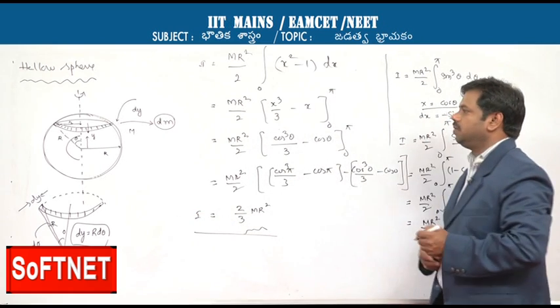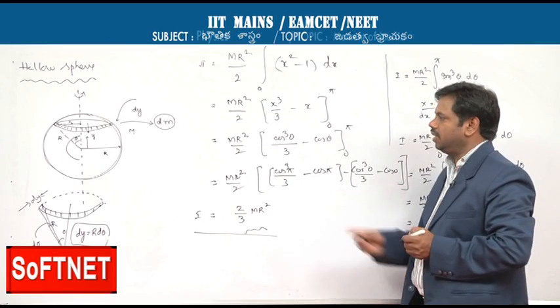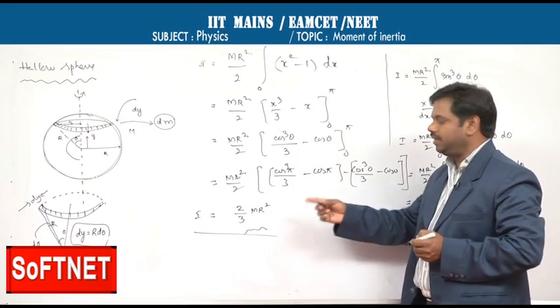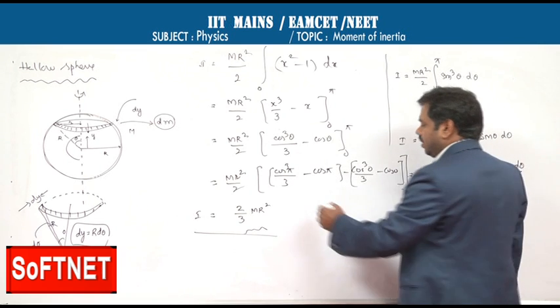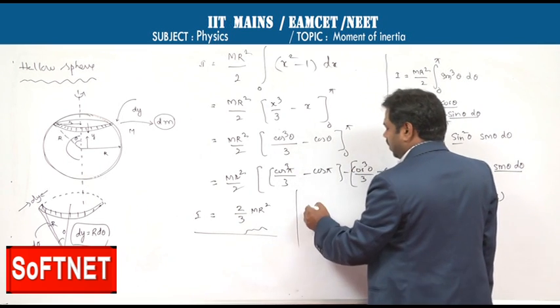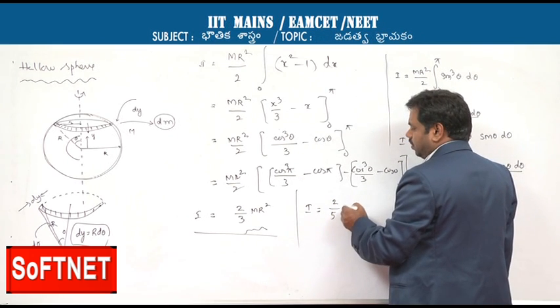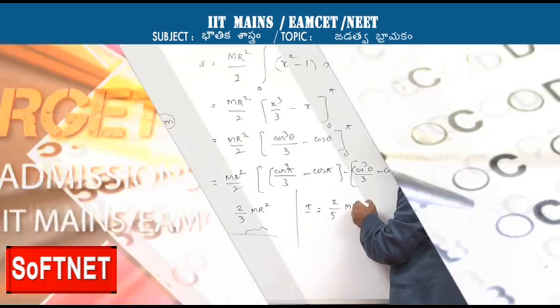This is the moment of inertia of the hollow sphere about an axis, that is about the diameter, 2 by 3 m r square. Do remember what we have for the solid sphere: 2 by 5 m r square.